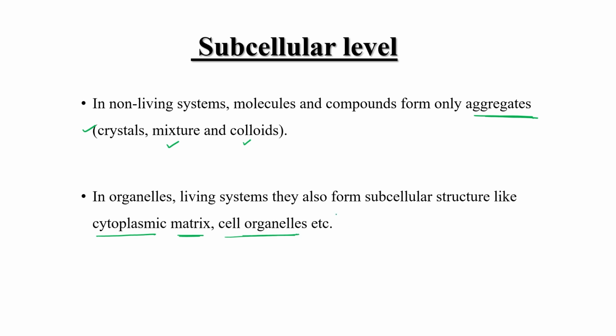So if non-living molecules come together, they form different types of non-living things, but if certain biomolecules come together and form a biological kind of structure, that time we can use different terms. Here I have mentioned two examples just for you, like cytoplasmic matrix and cell organelle. So this level is known as subcellular level organization.